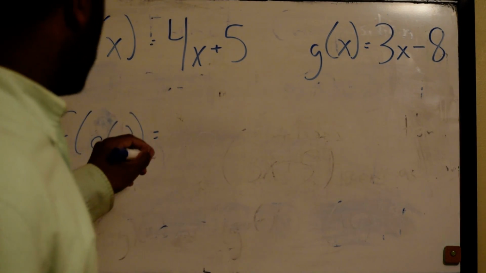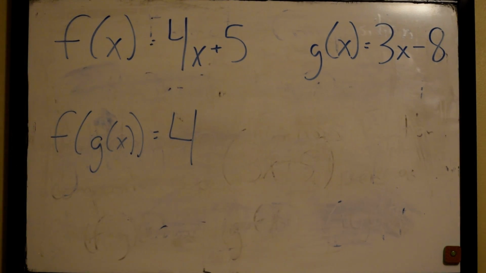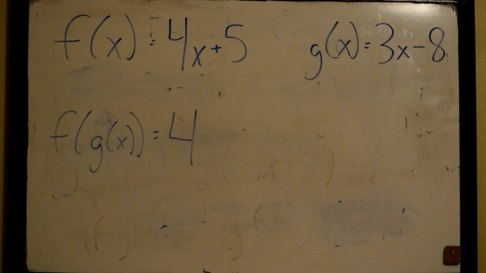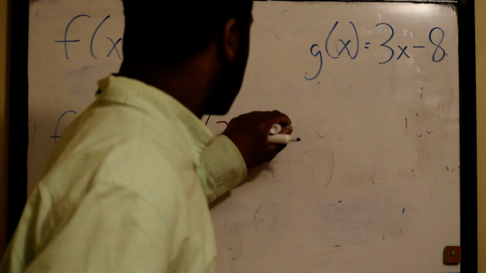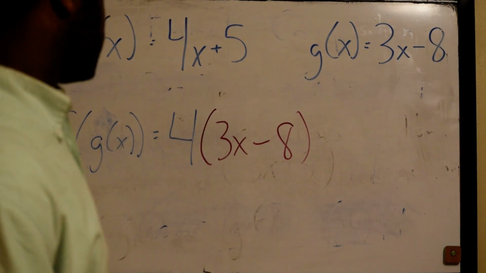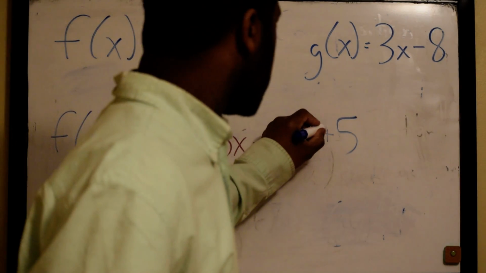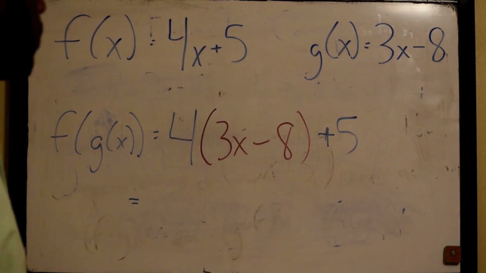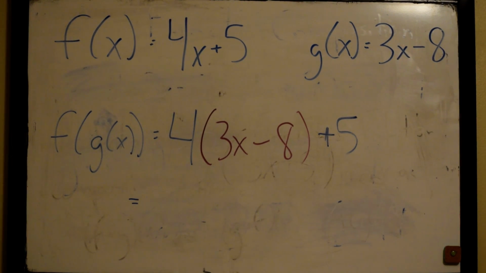So we start with the 4, and everywhere we see an x, we plug in 3x minus 8, plus 5. So instead of 4x plus 5, we write 4 times 3x minus 8, plus 5.